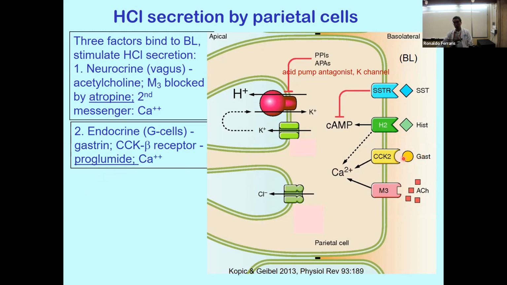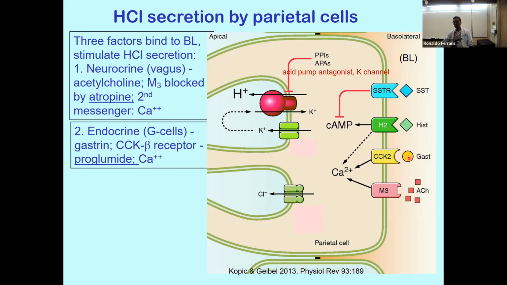Gastrin is from your G cells. ACh is from your vagus nerve. Gastrin is released from G cells, and it is recognized by the CCK2 receptor, or CCK beta receptor.